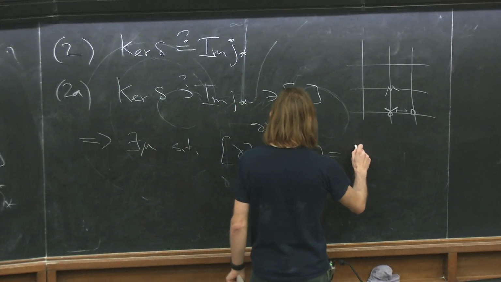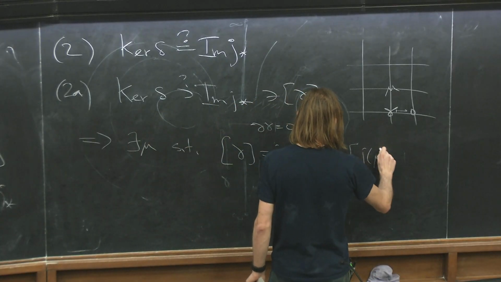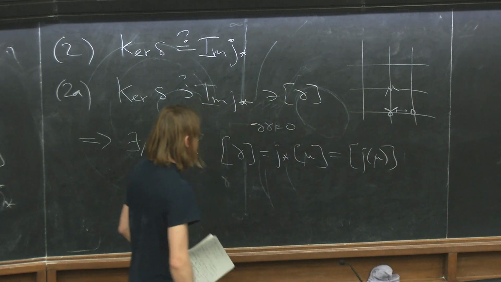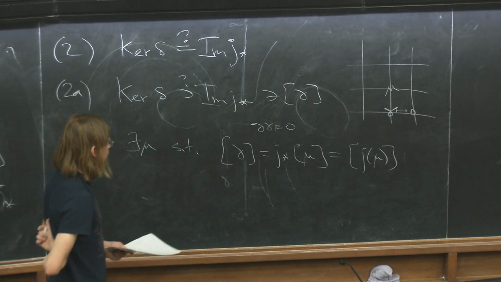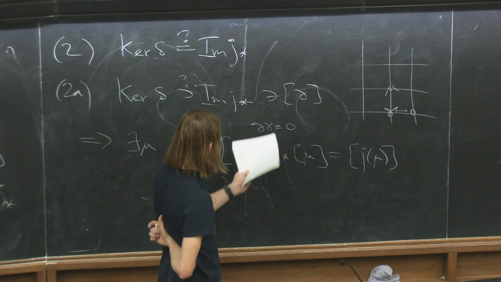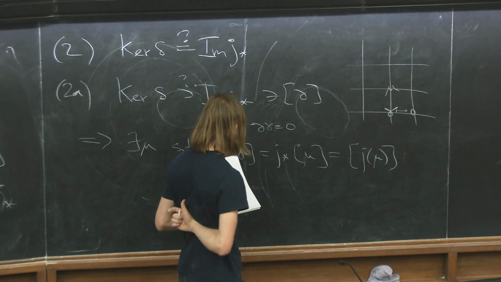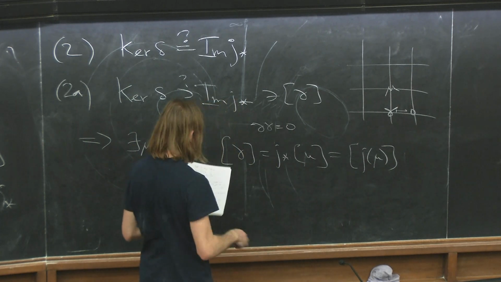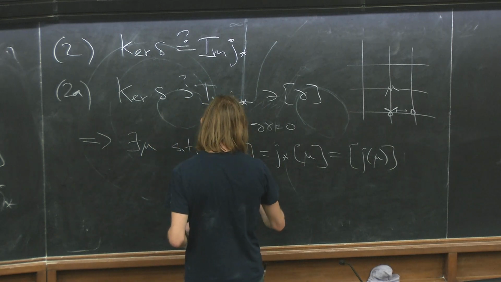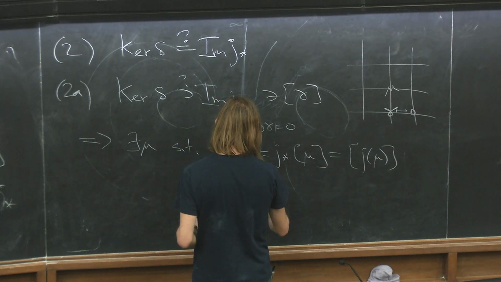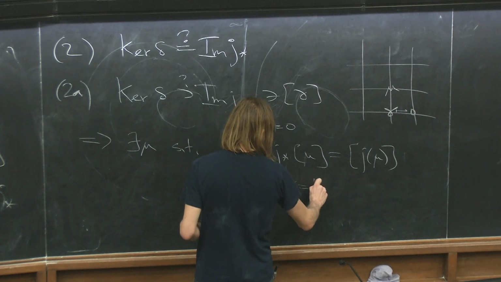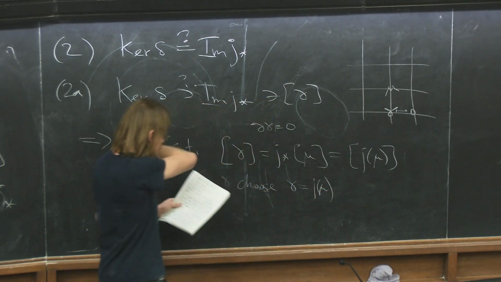J star of the class of mu is the same as the class of J of mu. And since any element representing a given class can be chosen, we can always just choose gamma to be equal to J of mu. So without loss of generality, we choose gamma equal to J of mu.